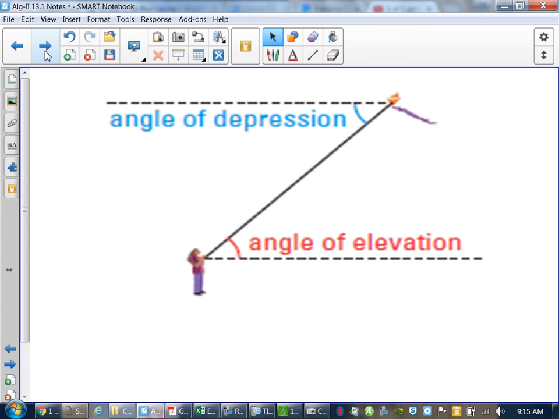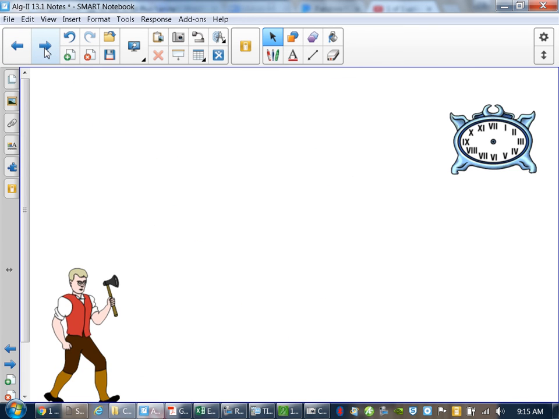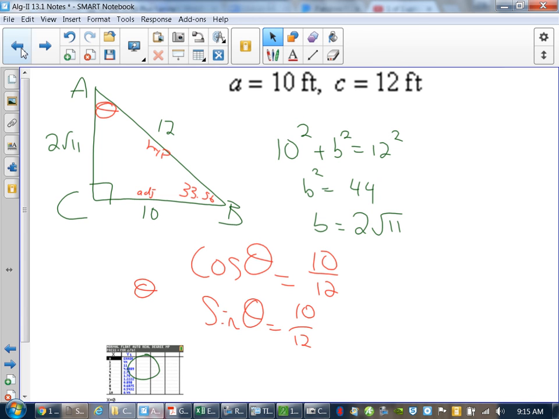We'll get into angles of elevation, depression, all that kind of stuff tomorrow. That's all fun. Let me give you some problems to start. There's a couple other little trick things we'll do tomorrow as well, as far as trig units. Let's see, let's do this.